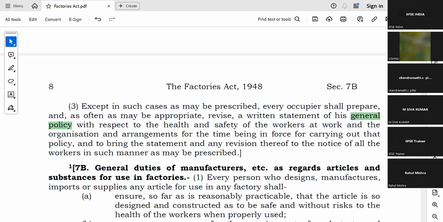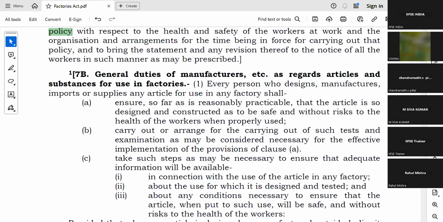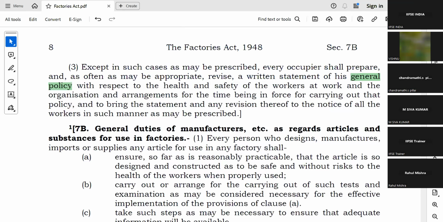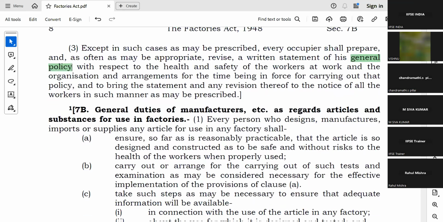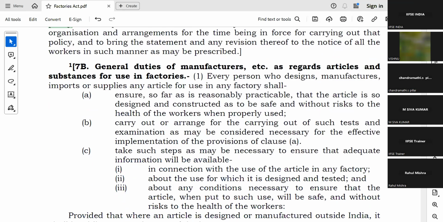In the sense, the occupier has to prepare a policy, do proper revisions and necessary arrangements, and in case of any revisions, inform all the workers in the facility.